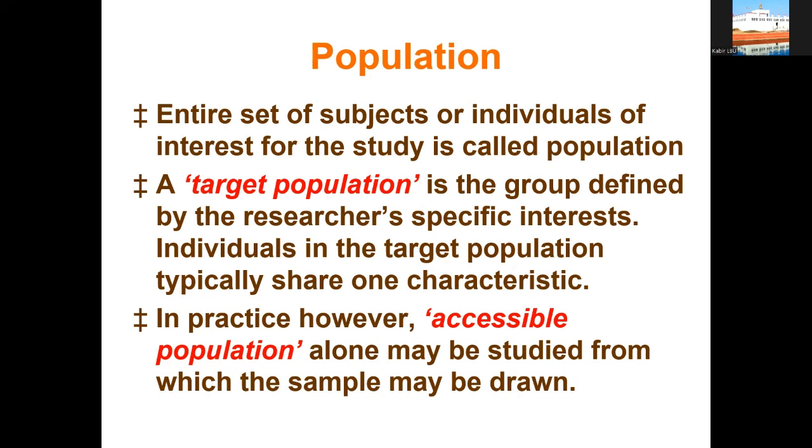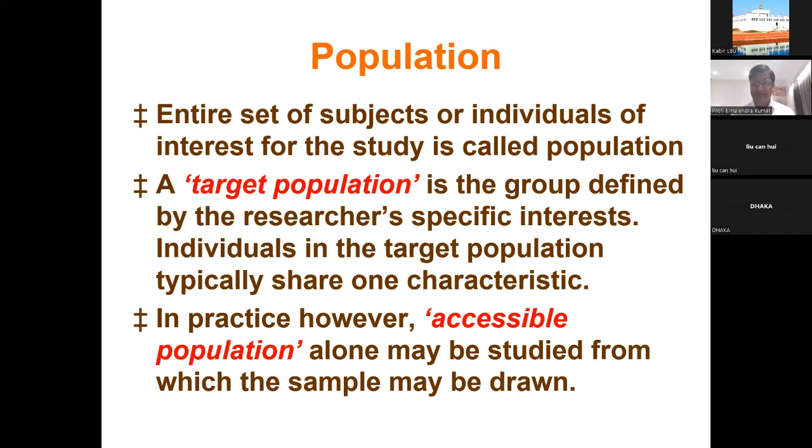So in practice, however, only the accessible population may be studied, from which a sample may be drawn. The main problem is how we can access the villages or the district or the state.